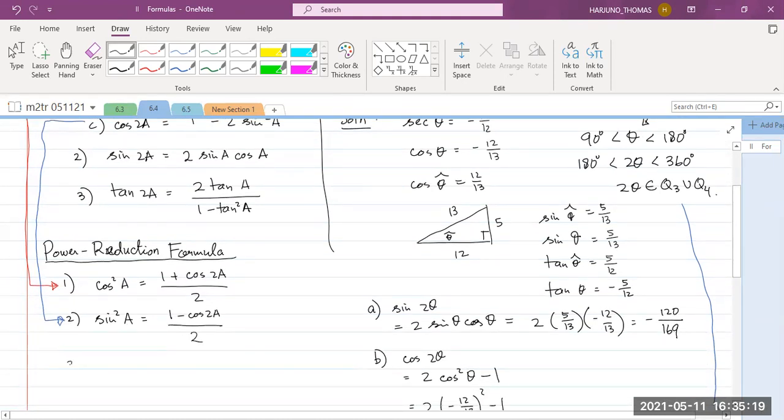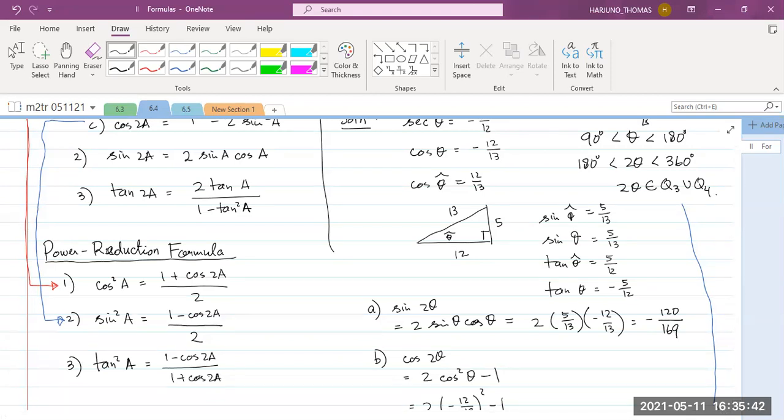Consequently, tangent squared A is the ratio of sine squared A over cosine squared A, which is 1 minus cosine 2A over 1 plus cosine 2A. Okay, that's the power reduction formula.